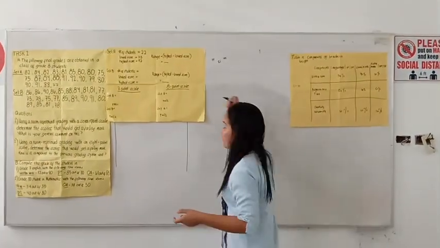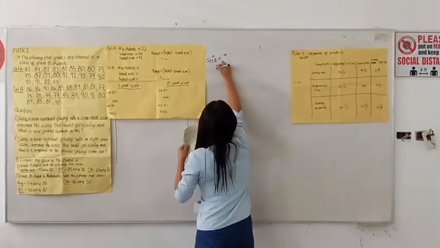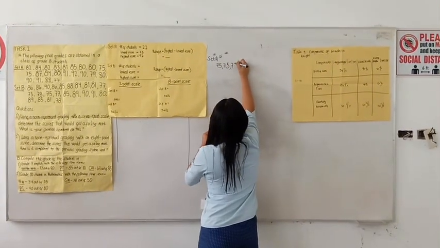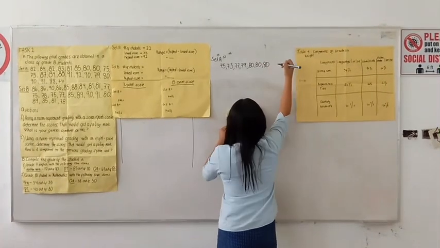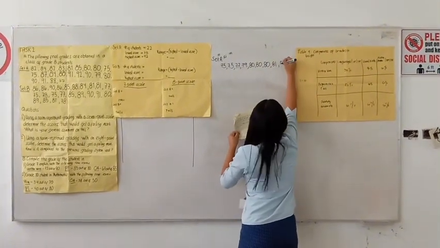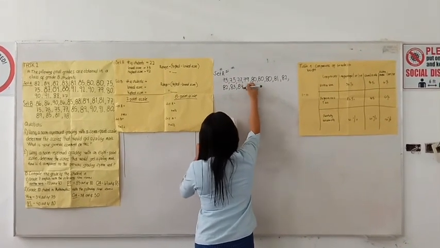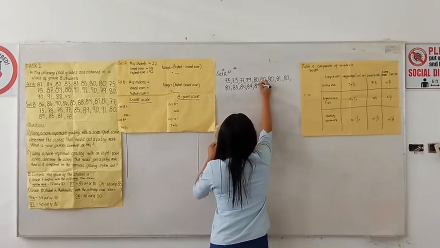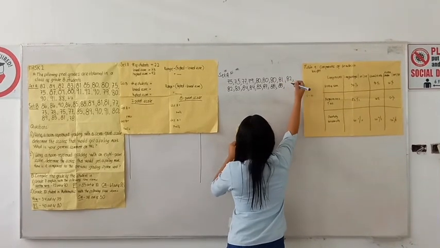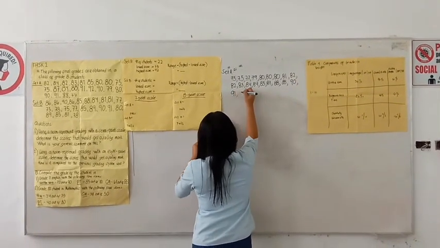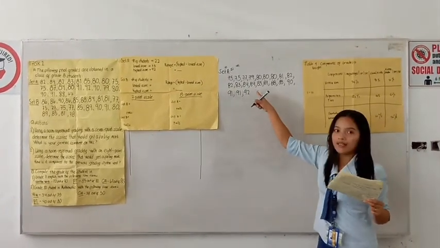First step for set A. We already have set A arranged in ascending order.